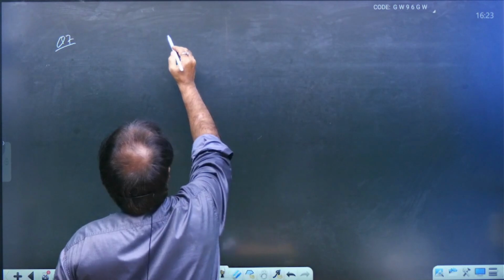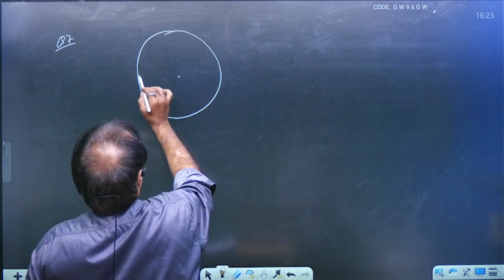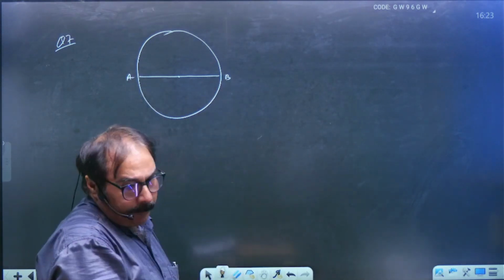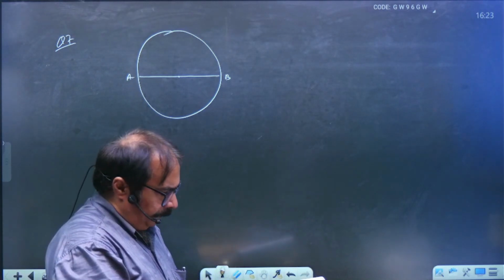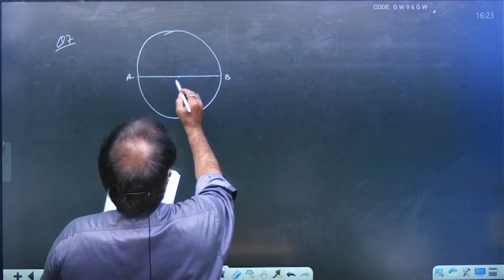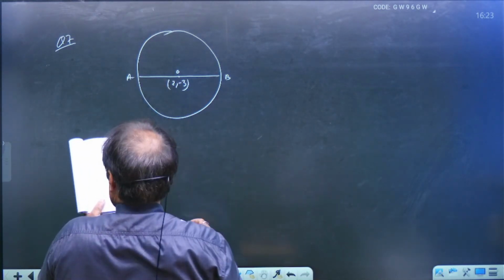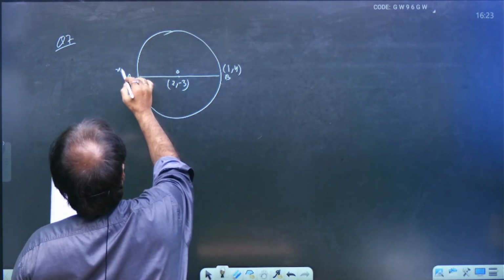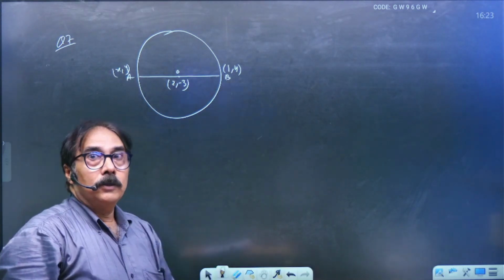Try to understand with the help of a figure that AB is the diameter of the circle. We have to find the coordinates of point A. The center, suppose O, is given as (2, minus 3), the coordinate of B is given as (1, 4), and let the coordinate of A be (x, y), right?